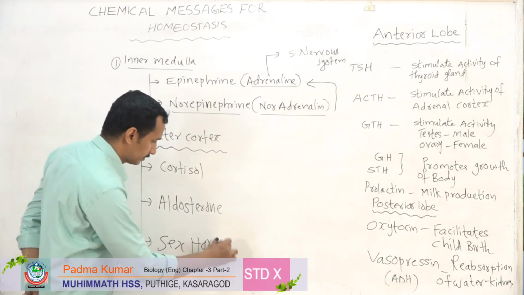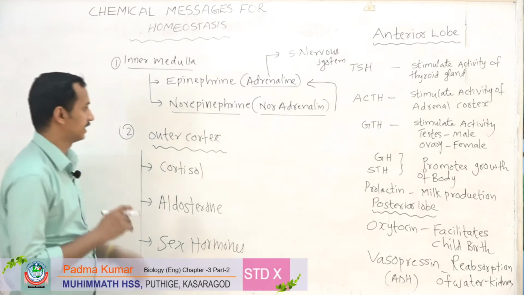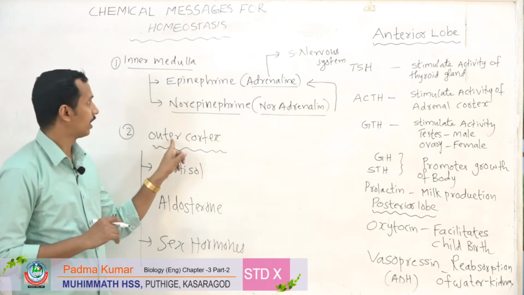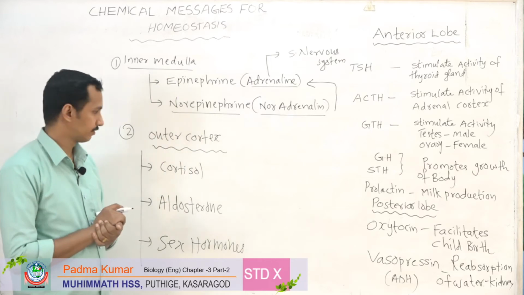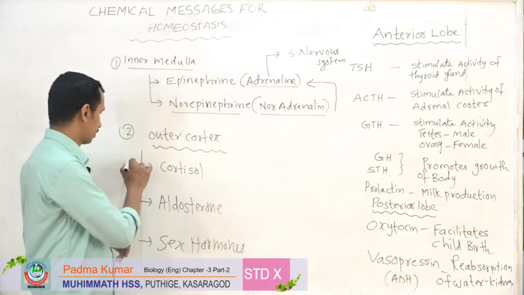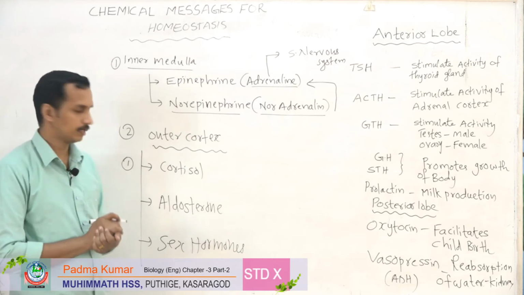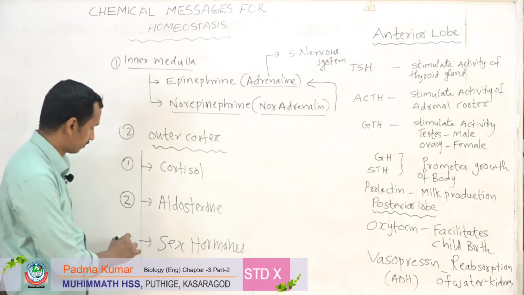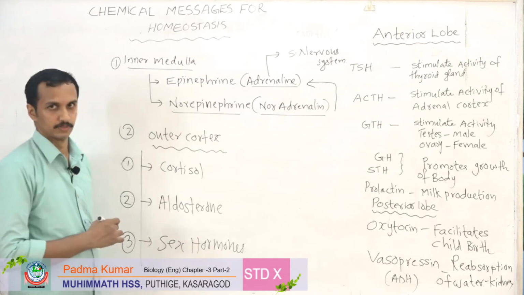So there are three hormones synthesized in the outer cortex region of our adrenal gland.